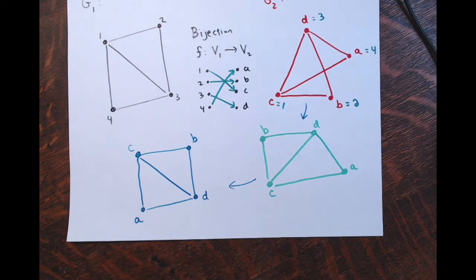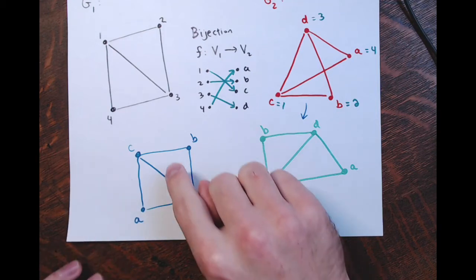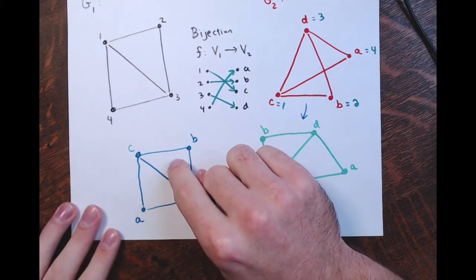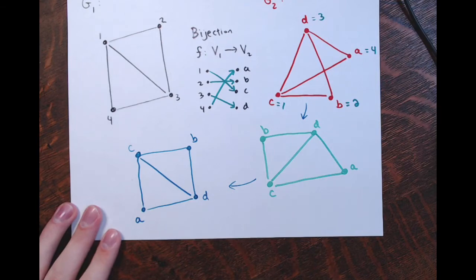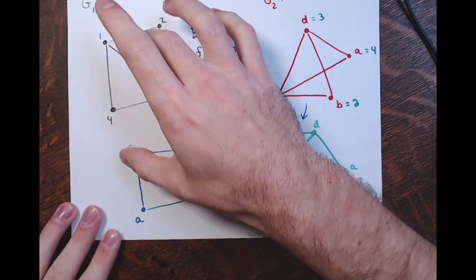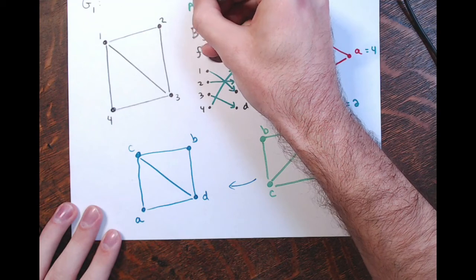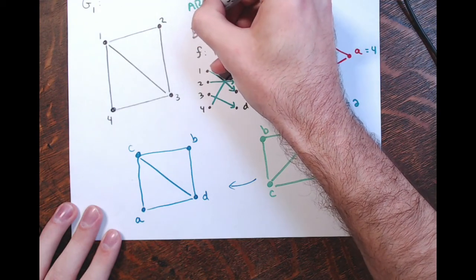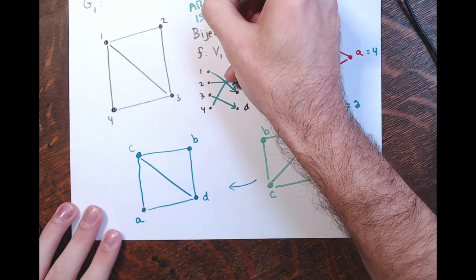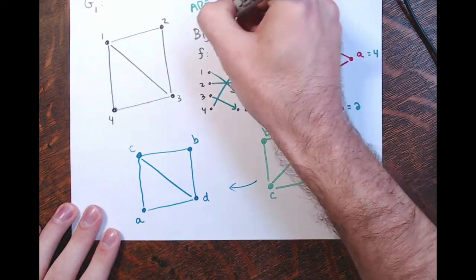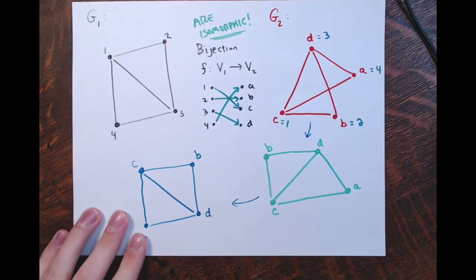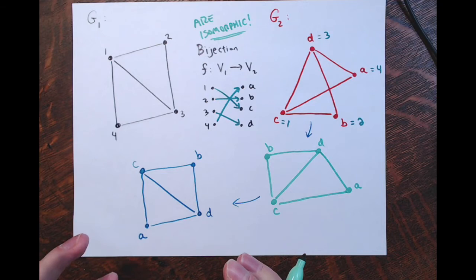All right, and another thing I'm going to point out too: notice that this is like triangles and a square around it, two triangles forming a square. Again, these graphs are isomorphic. They have the same form. In isomorphic graphs, every structure is preserved.